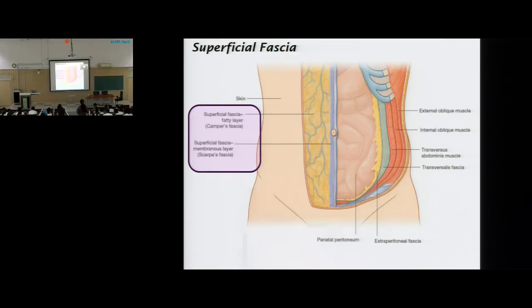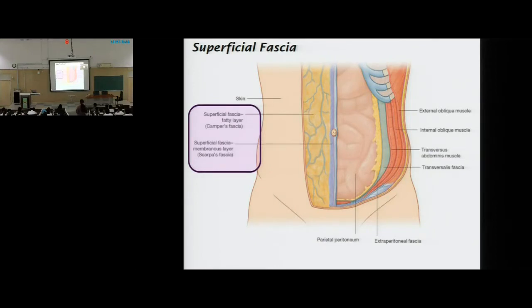The superficial fatty layer becomes continuous with these organs, the viscera which come out. It becomes continuous with the superficial fascia of the scrotum in males, and then again with the superficial fascia of the penis up to the colon.